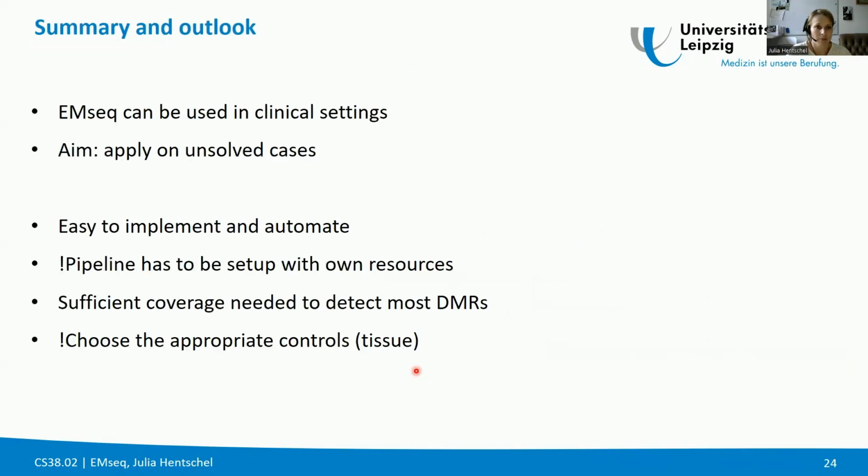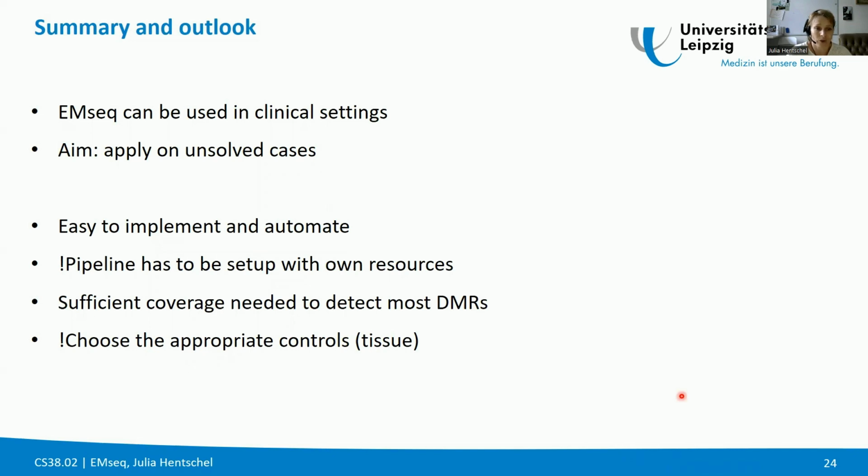So to sum up, we can use the EM-seq technique in clinical settings, and now we are ready to use that pipeline on our unsolved cases. It was more or less easy to implement, and we now can automate it on our robots.